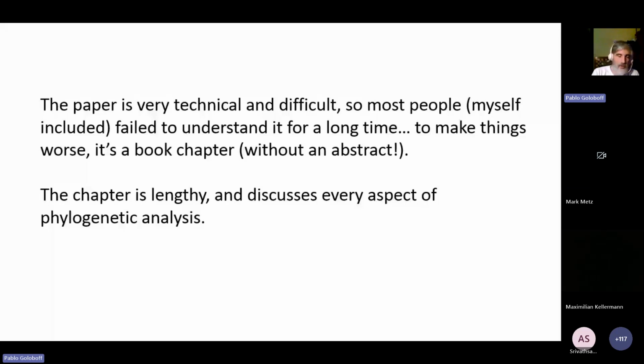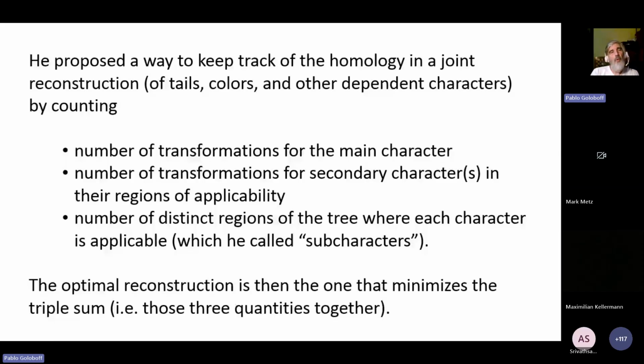Abstracts also serve to give you summaries of what the main ideas of the paper are. There is no such abstract in the paper. The paper is lengthy and discusses every aspect of phylogenetic analysis. I was checking the paper right before preparing this talk, and I confess, you really have to read a lot to get to the real substance of the paper. It's really hidden in there because Delaet is very, very detailed. He discusses all the alternatives, all the implications, but that makes for hard reading.